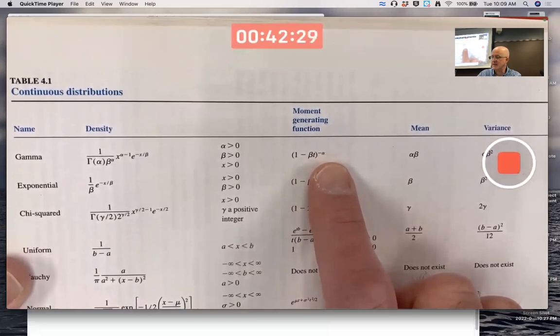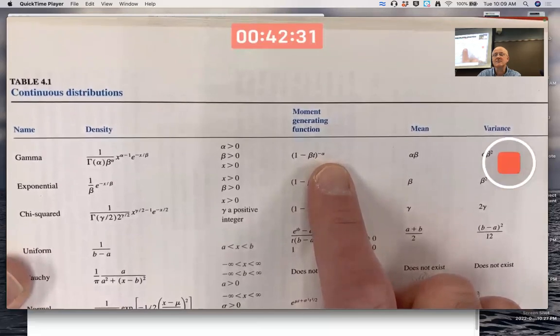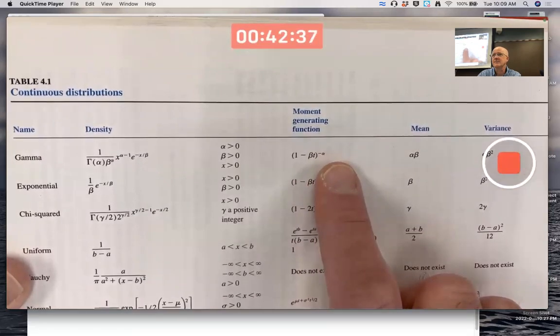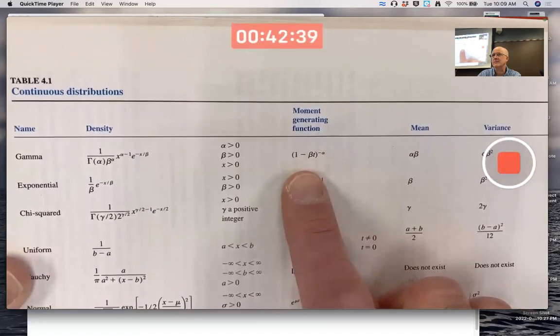In other words, the sum is going to be gamma as well, with alpha equal to 5, and beta is still equal to 2 sigma squared.